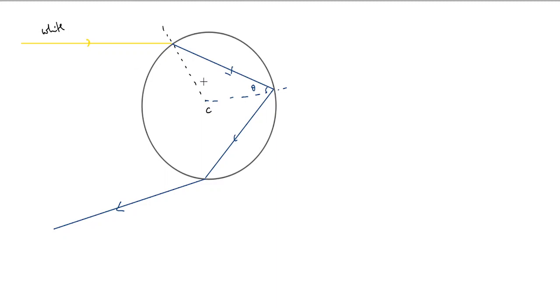If you draw one more end of this spectrum, which is the red color, you can draw it as given earlier. It falls like this, and comes out like this. So this is for the red color.